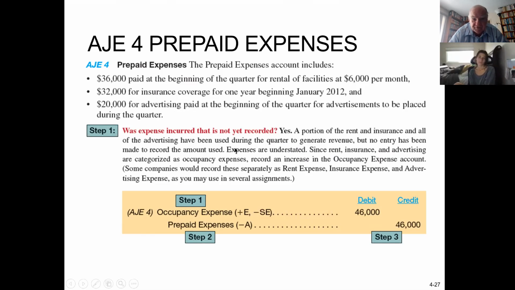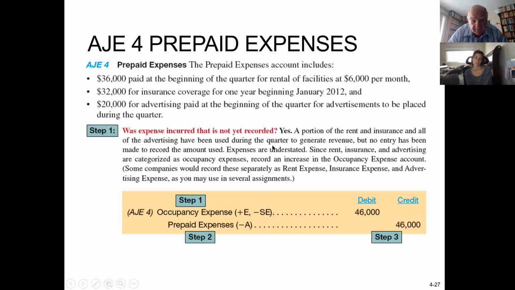So was expense incurred? Yes, a portion of the rent and insurance and all the advertising have been used. They're calling all of this one account, occupancy expense. So a portion of this has been used. They used $46,000 worth.